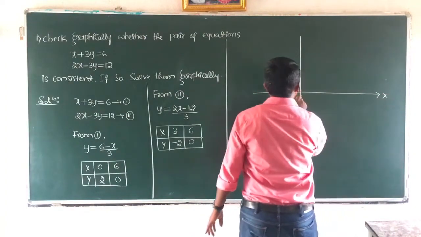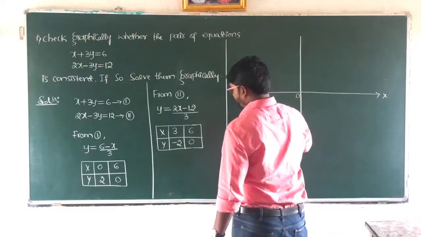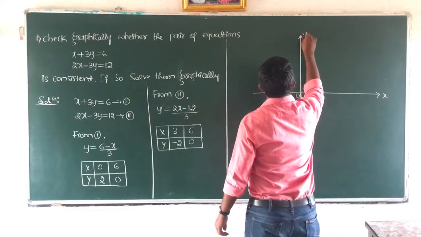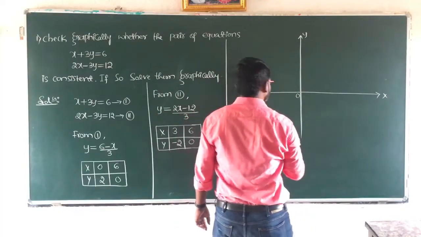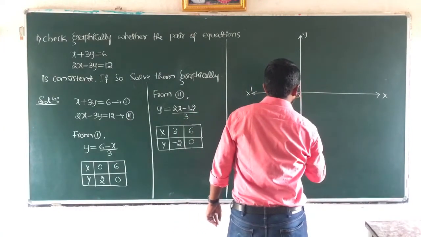X origin and then y, this is x dash, this will be y dash.